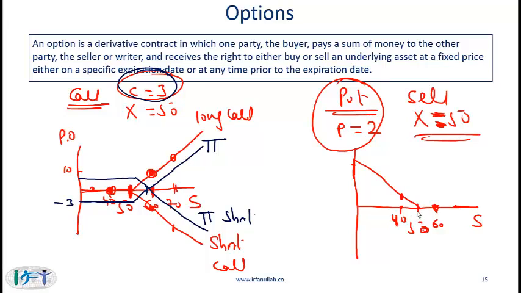The payoff for the short is simply the mirror image, and the profit diagrams look like the payoff, but for the long party the profit diagram will be down by 2 units, and for the short party the profit diagram will be above this by 2 units.